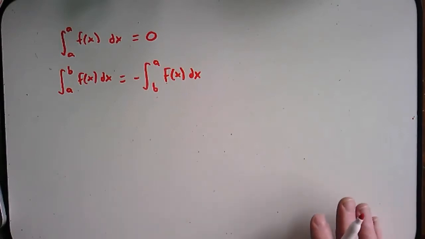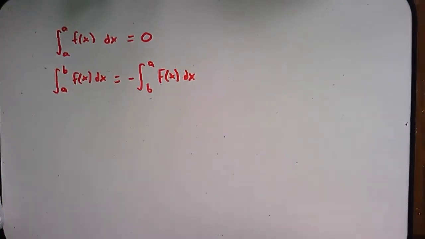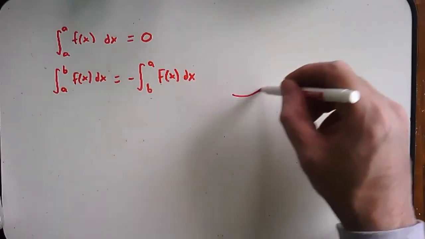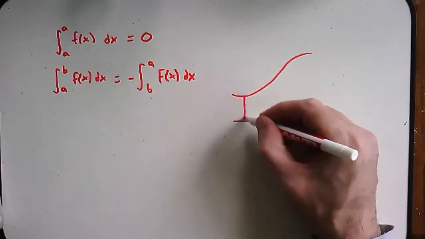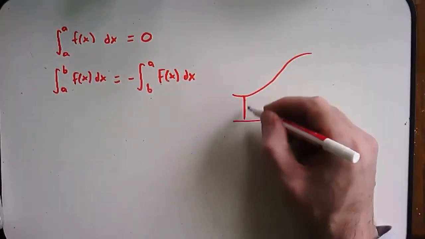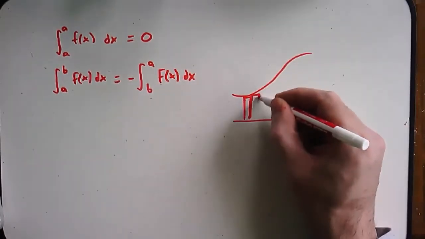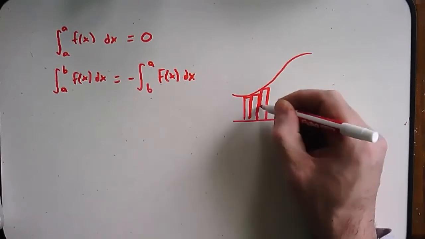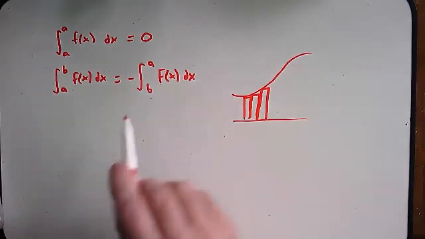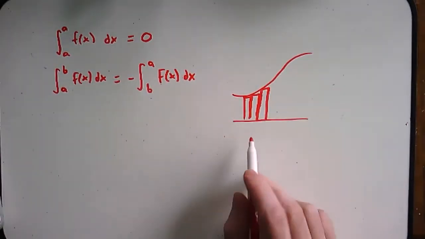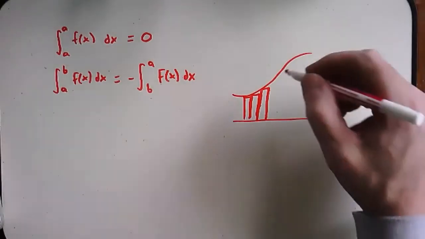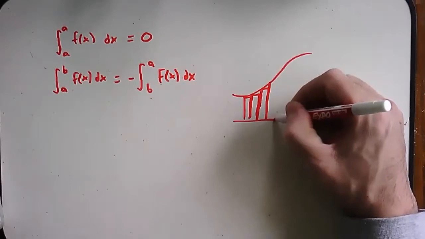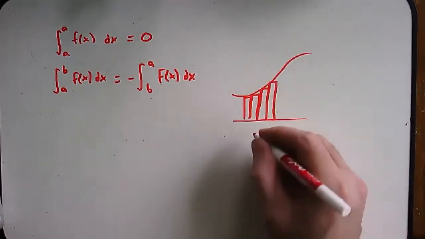And basically my explanation for this goes back to Riemann sums. At its core, every definite integral is a Riemann sum, meaning that we're adding up a bunch of rectangles. My explanation for why this property is true: if we start adding rectangles from left to right, like we normally do, using the height of the function, it's no problem.